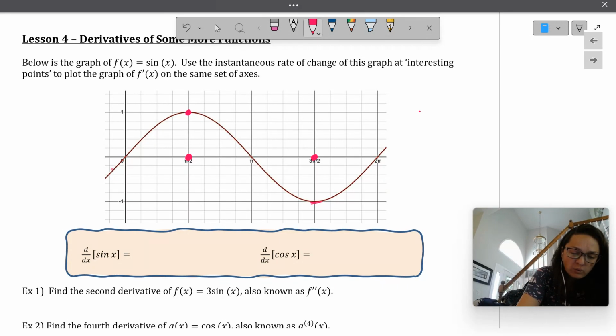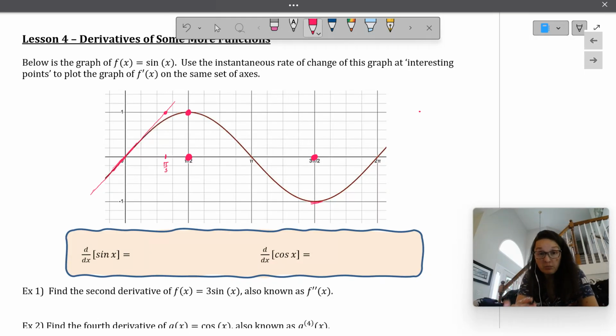Cool. Let's find some other slopes. At x and y equals 0, at this point right here, my slope looks like this. And if I wanted to estimate what the slope of that tangent line is, so I could plot it on the derivative, I would say, let's see, y goes up by 1 when x goes up by, I don't know, about 2/3 of the way to pi over 2, so maybe at pi over 3-ish. This is not going to be perfect, okay? I'm just estimating.